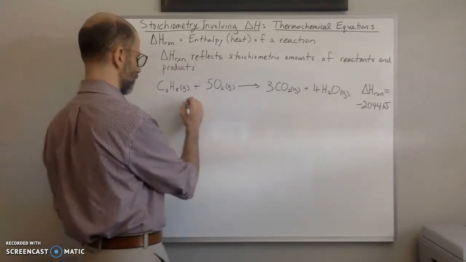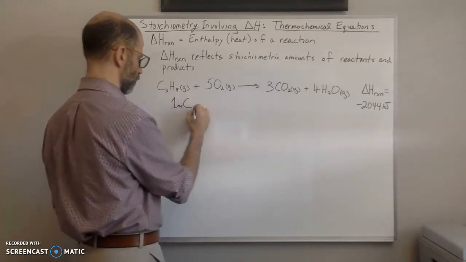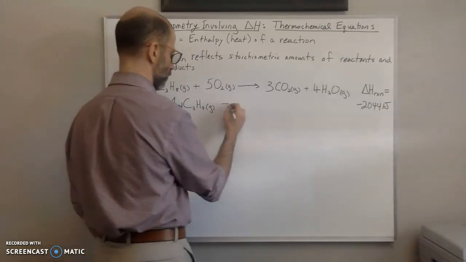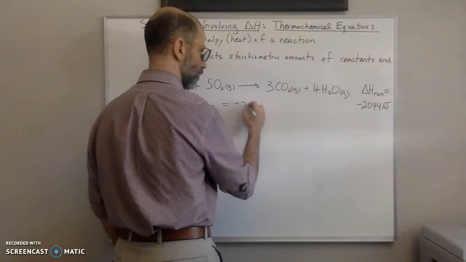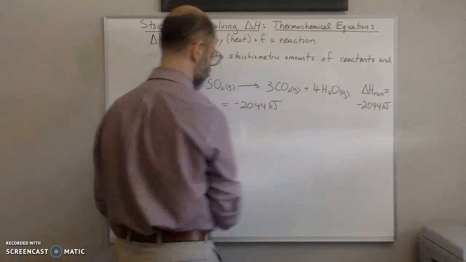So if I write this, I could say that 1 mole of propane gas is going to equal negative 2,044 kilojoules of energy.